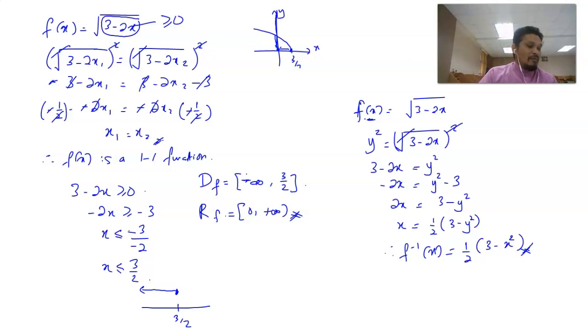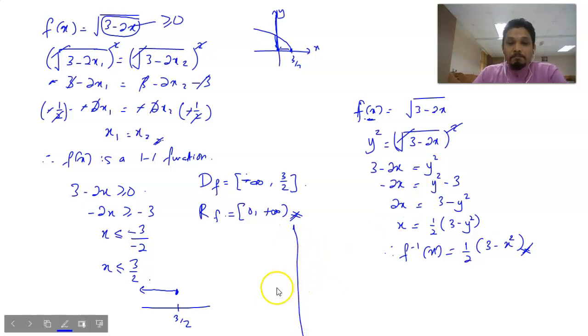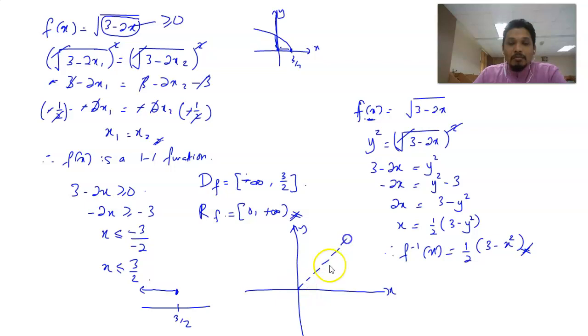Sketch the graph of f and its inverse on the same axis. Now, this is the line y equals x.